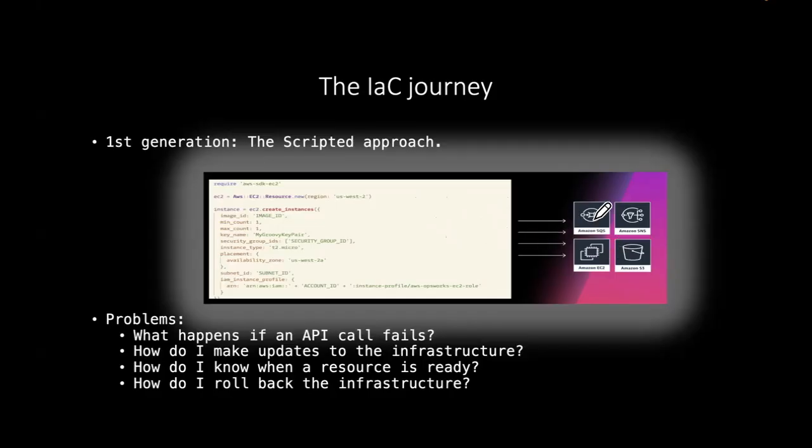Supposing it runs successfully, and that's great. Now we want to make some configuration changes to some of the resources that have been created. What do we do? We either go in and do it manually, or we write a completely separate script that carries out the updates to our resources. It just gets a little bit messy, and it's certainly not a good developer experience.